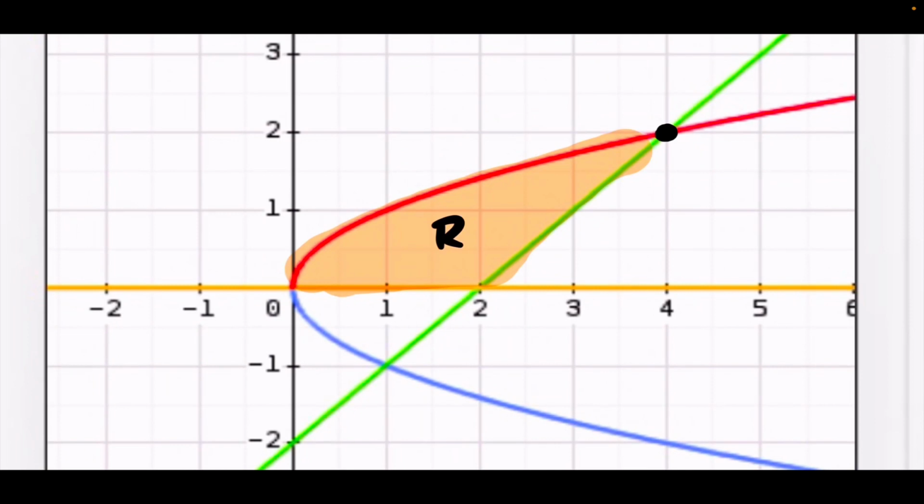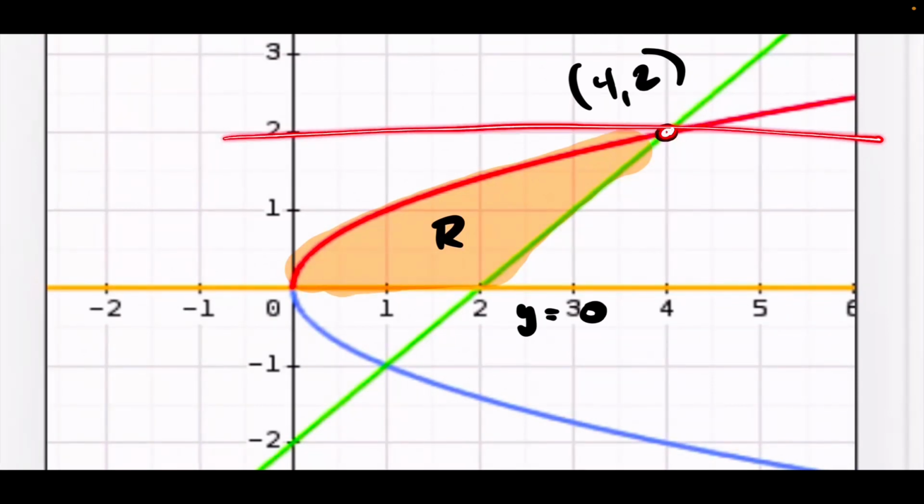That dot is at the very top, and it is at 4, 2. And then the very bottom is the yellow-orange, which is y equals 0. So the very top is this dot because the shade doesn't go above this line, and it doesn't go below that line.